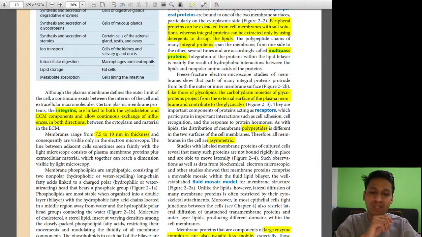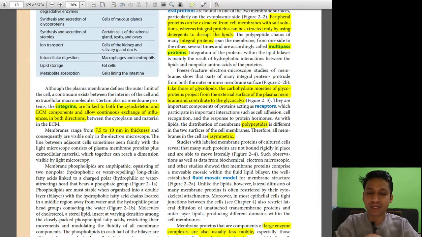Membrane phospholipids are amphipathic, consisting of two non-polar long-chain fatty acids linked to a larger polar hydrophilic head that bears a phosphate group. So phospholipids are lipids with a phosphate group.